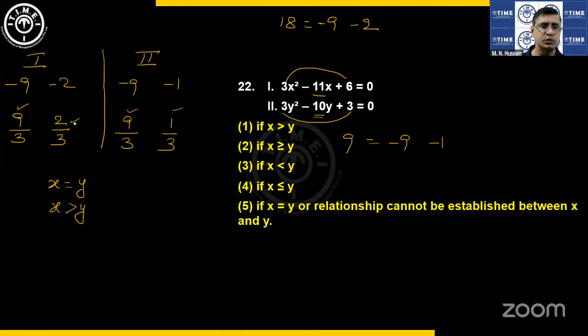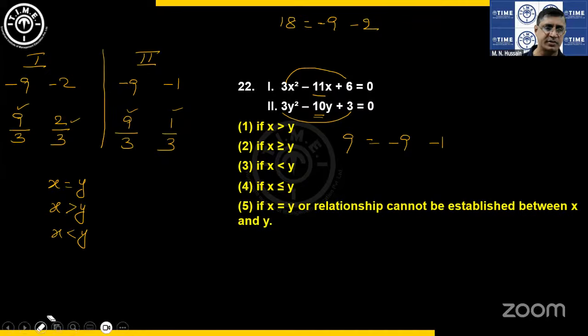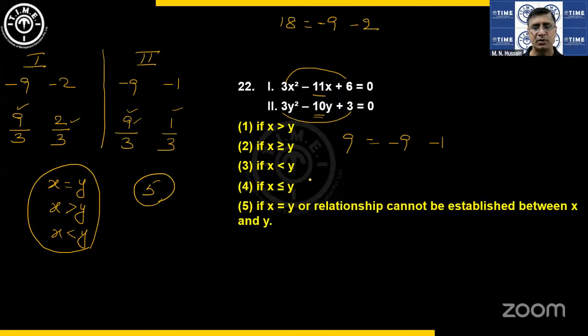That is 2. 2 is less than 9 and greater than 1. One time it is greater, one time it is lesser. What it means is it is not possible to make the relation. It is not possible to establish a relation between x and y. So what is the answer choice? Option 5. Fifth choice is the right answer.